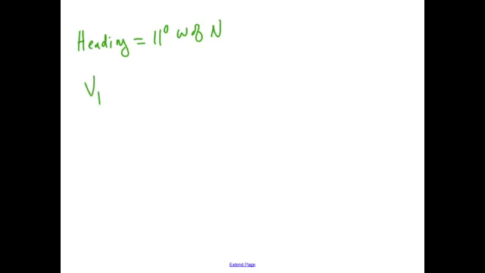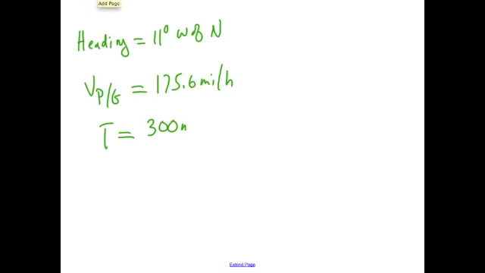The velocity of the plane relative to the ground is about 175.6 miles per hour. The time it's going to take is relative to the ground, we are moving 300 miles, and we are flying at the rate of 175.6 miles per hour.